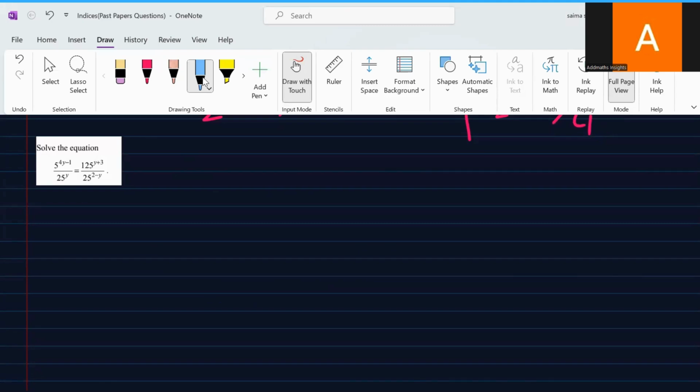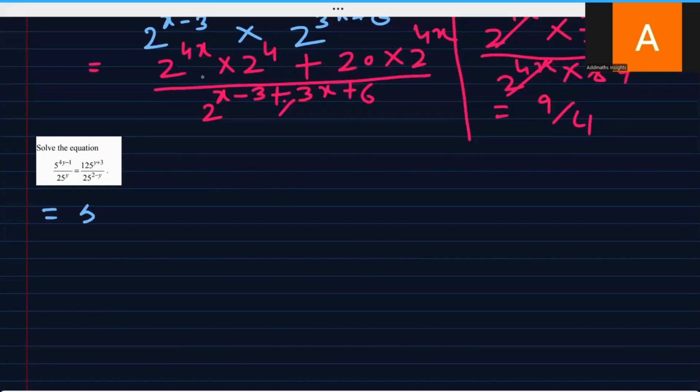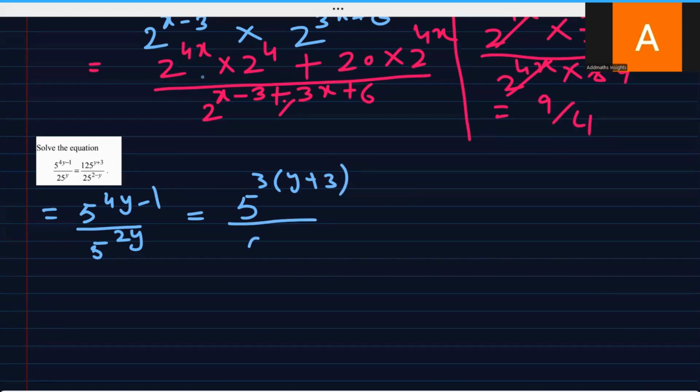We use the same concept, we make the bases the same. In the first step, you can write 5 raised to the power 4y minus 1 over 5 square y, and you can write 5 2y. And this becomes 5 cube, and you multiply 3 by this whole expression y plus 3, divided by 5 square, and you multiply 2 by this whole expression, 2 minus y.